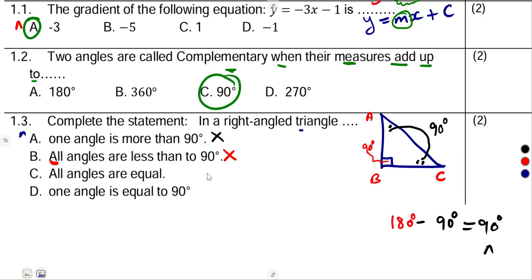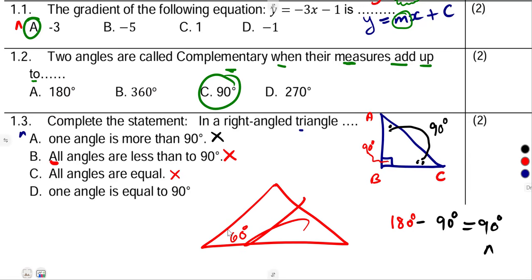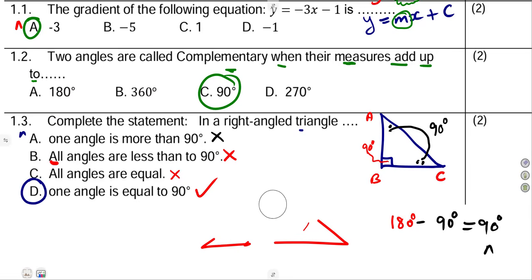So this is totally wrong. All angles are equal. No. That's not an equilateral triangle, which is 60, 60, 60. It's not. One angle is equal to 90 degrees. All right, that is exactly it. One angle is 90. That right angle is what? 90 degrees. So that was the correct answer. One angle is equal to 90 degrees.